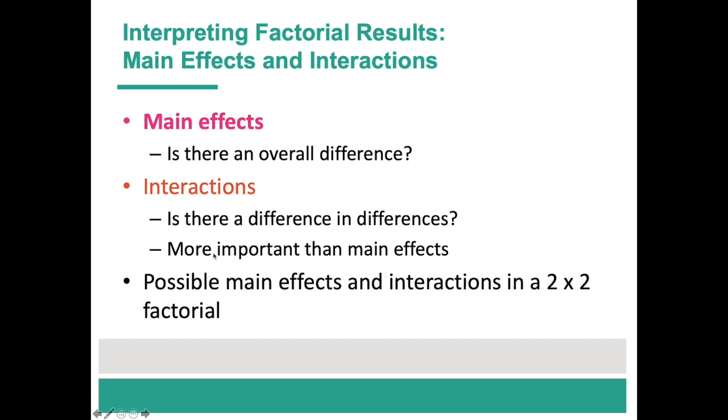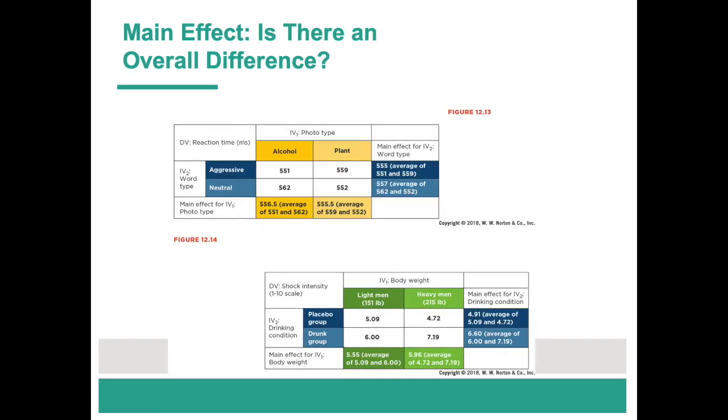So consider some examples of these. So the main effect, is there an overall difference? And so this is all asking, is there a difference from here to here? And so what we use here is what's called marginal means. This is not something you need to know super well, but it's just the mean across both levels of the other variable.